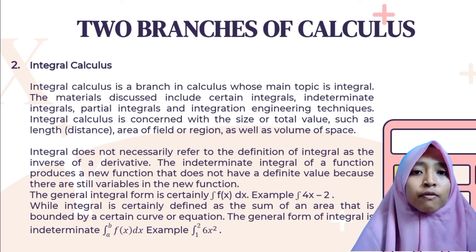Example, integral of 2 dx equals 2x, while definite integral is defined as the sum of an area that is bounded by a certain curve or equation. The general form of definite integral is integral a until b f(x) dx. Example, integral 1 until 2 sec x squared.